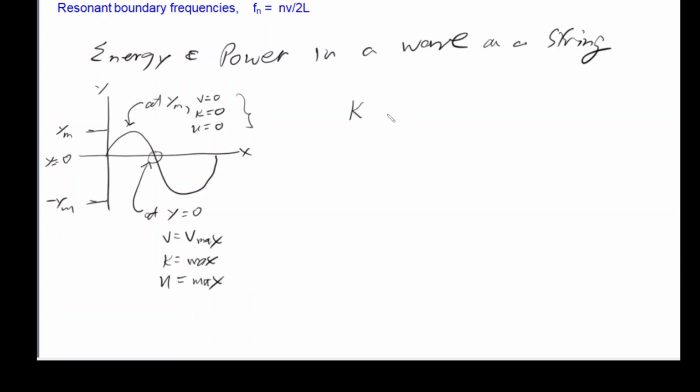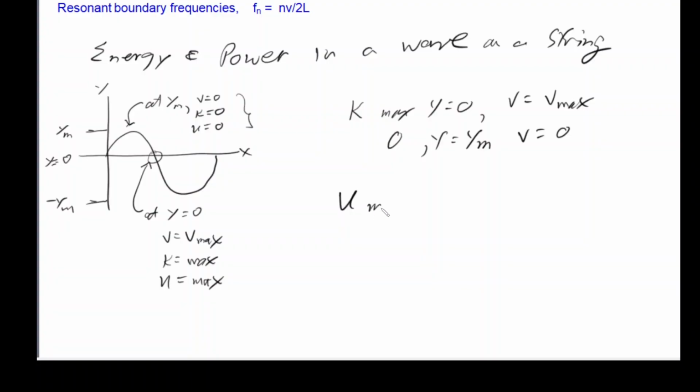Kinetic energy is maximum at y equals 0 because v is maximum. And its kinetic energy is 0 at y equals ym because v is 0. So that's kinetic energy. Potential energy is a little bit different.